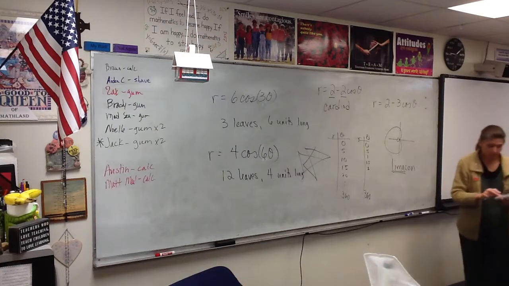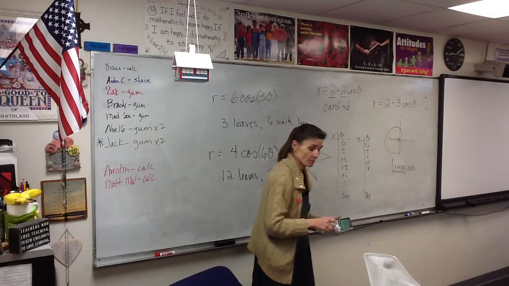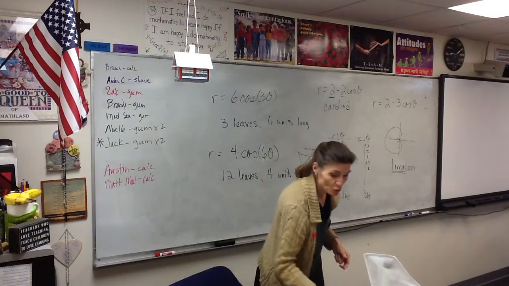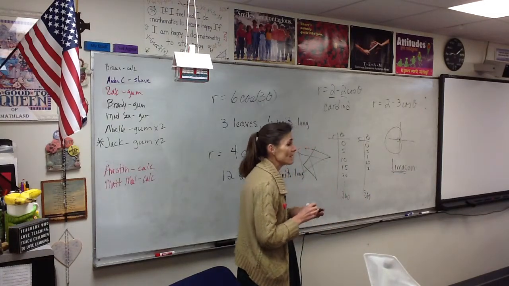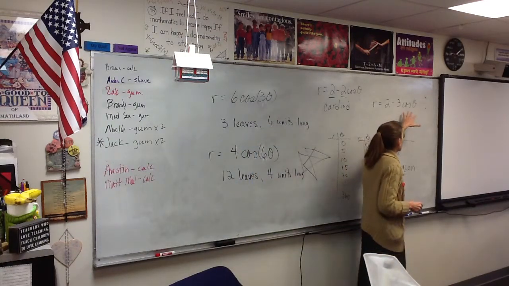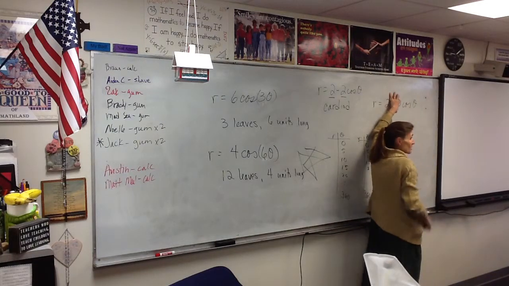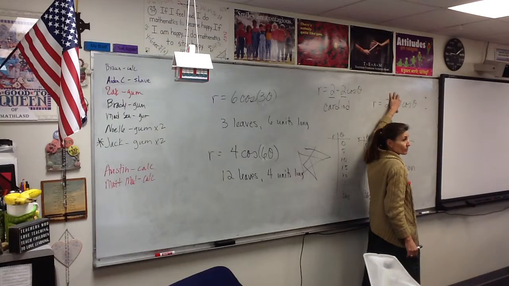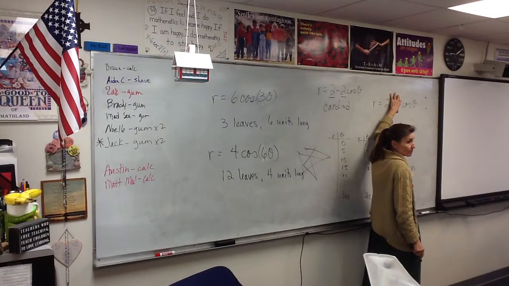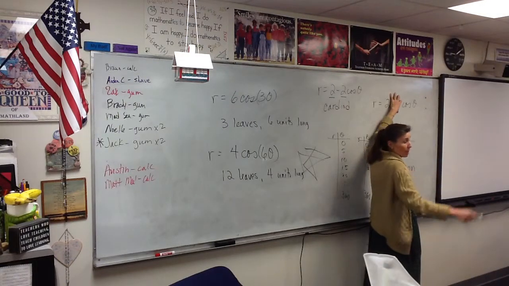Great. Okay. Now, some of you are thinking, okay, Mrs. Ford, why did you set your window from -6 to 6? Well, here's the deal. Forget all this, what's the biggest cosine can be? Cosine oscillates between what and what? -1 and 1.